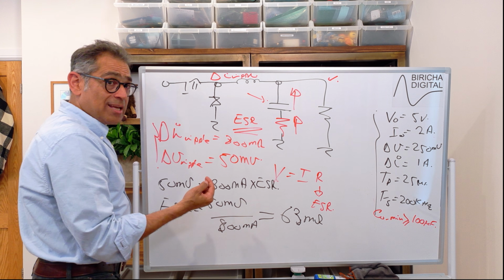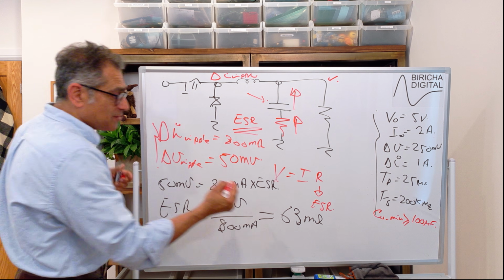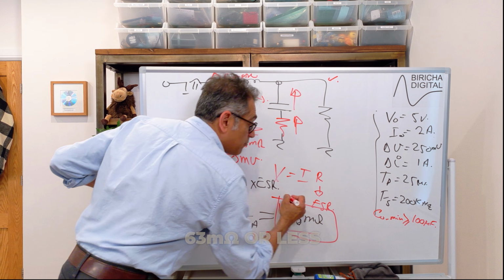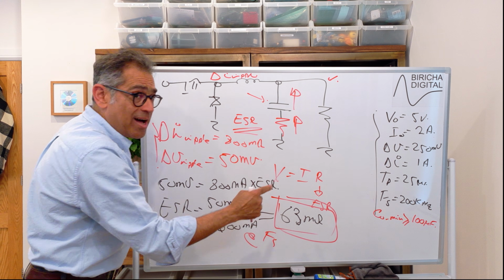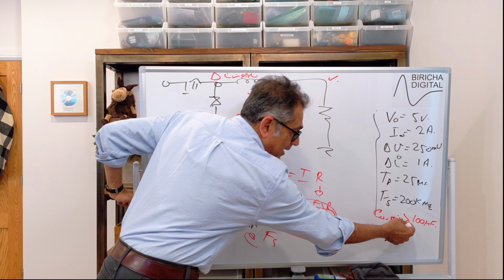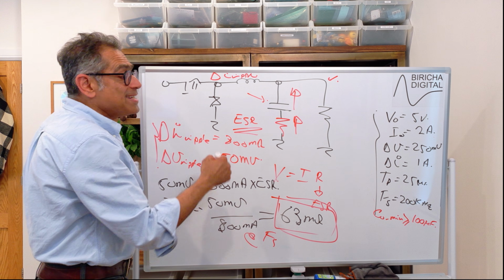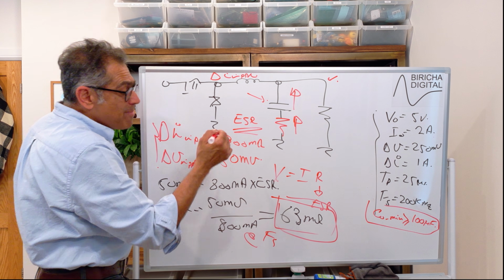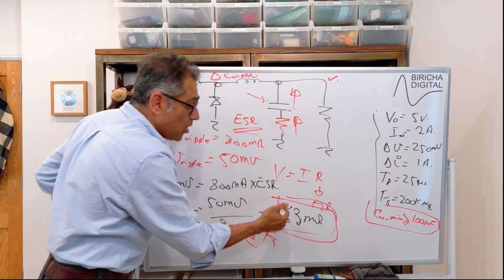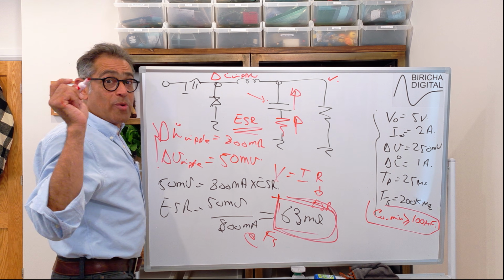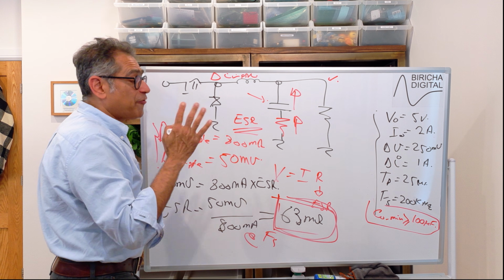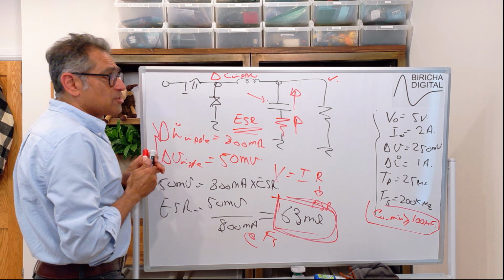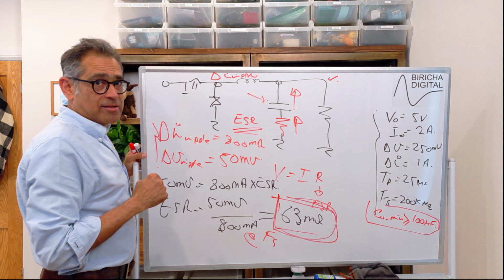We go and find a capacitor with an ESR of 63 milliohms at the switching frequency, at Fs, regardless of its capacitance, provided that it's bigger than this value. So we need a minimum amount of capacitance that's going to be 100 microfarads and a maximum amount of ESR, which will be this. We can just go to our manufacturer's website and find the correct amount of capacitance, and then we are done. We have calculated the size of the capacitor with the correct amount of ESR.